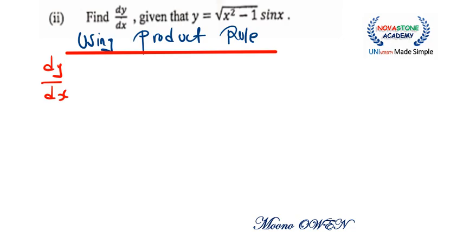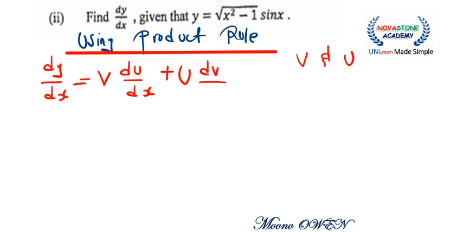So this will be equal to, if I name our two functions that are multiplying v and u, first my v, then I differentiate u, so du/dx, plus I'm going to get my u, then differentiate the v, so dv/dx. So this is how you use the product rule.